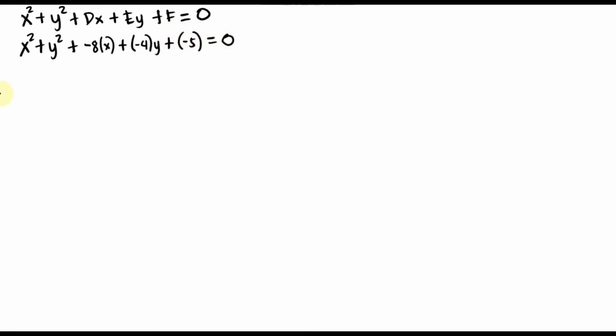Then simplify. So x squared plus y squared negative 8 times x, that is negative 8x, negative 4 times y, that is negative 4y, then minus 5 equals 0.